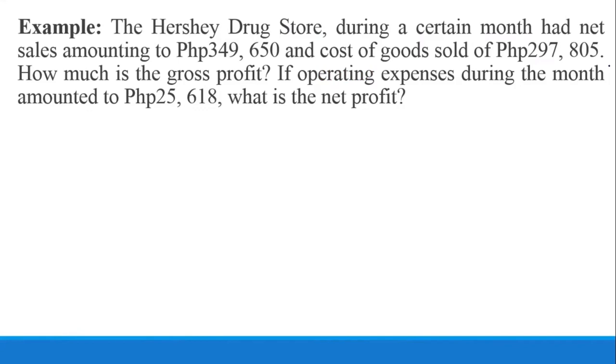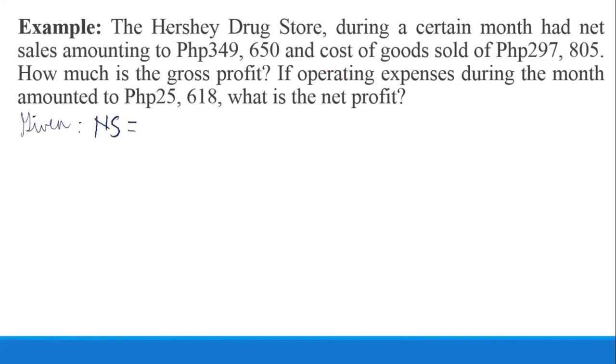So, para malaman natin kung ano yung uunahin natin i-calculate, we have to identify first our given. Okay? So, gross profit is denoted as GP. We have given the NS or the net sale.